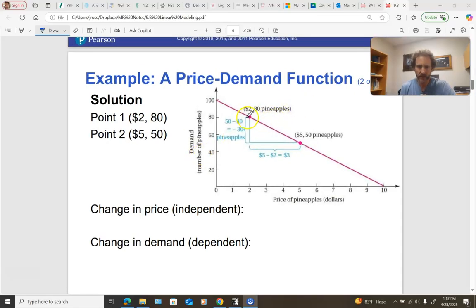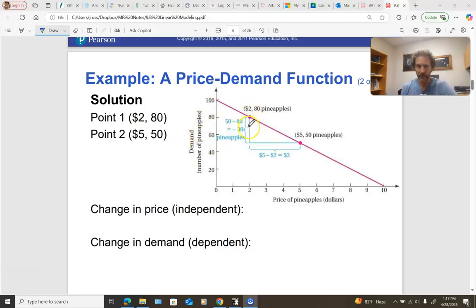is they've actually plotted these 2 points, okay? So the horizontal axis represents values of our independent variable, price, and the vertical axis represents values of our dependent variable, namely number of pineapples sold.